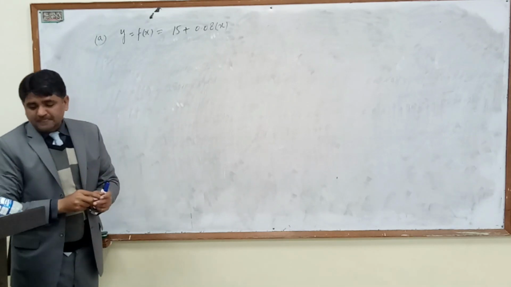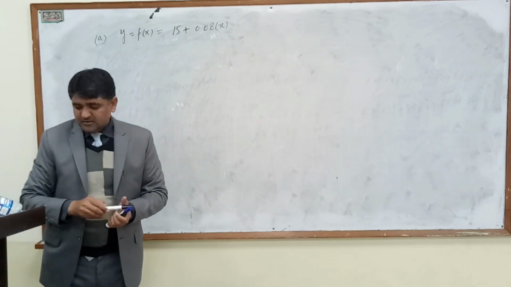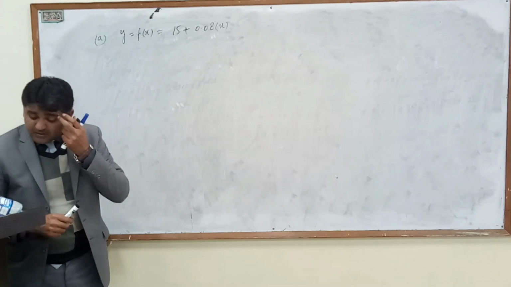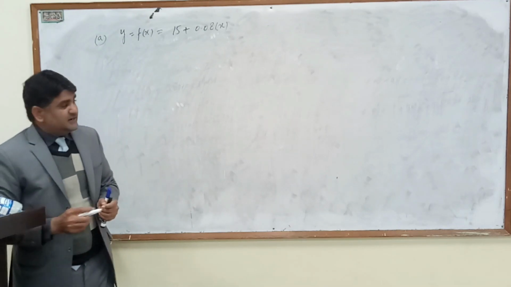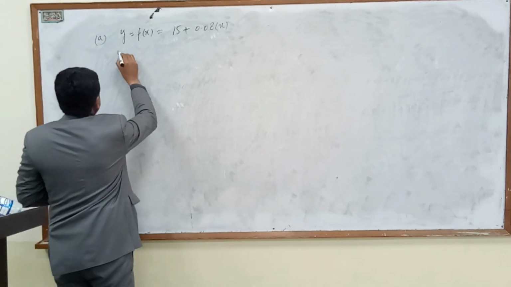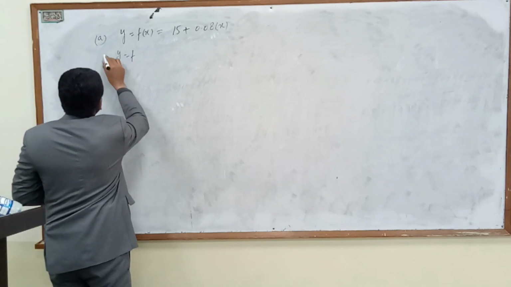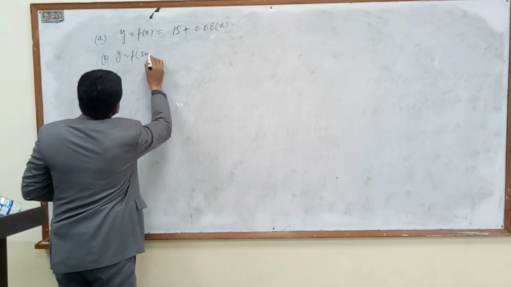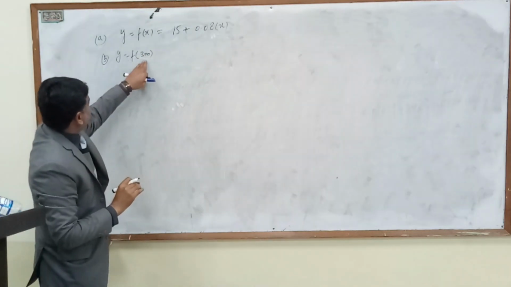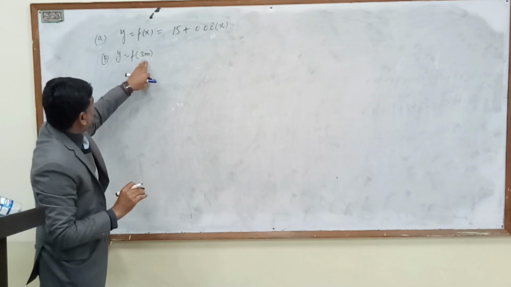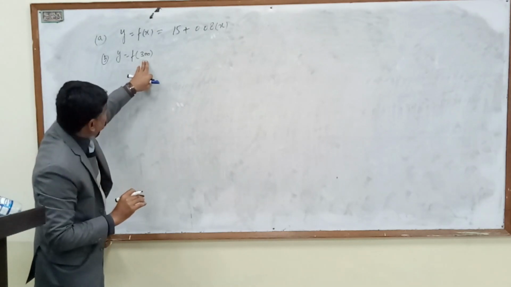What is part B? What is f of 300? What does f of 300 represent? Y is equal to f of 300. What's the value of x in this case? 300. It means if they drive how many miles? 300 miles.